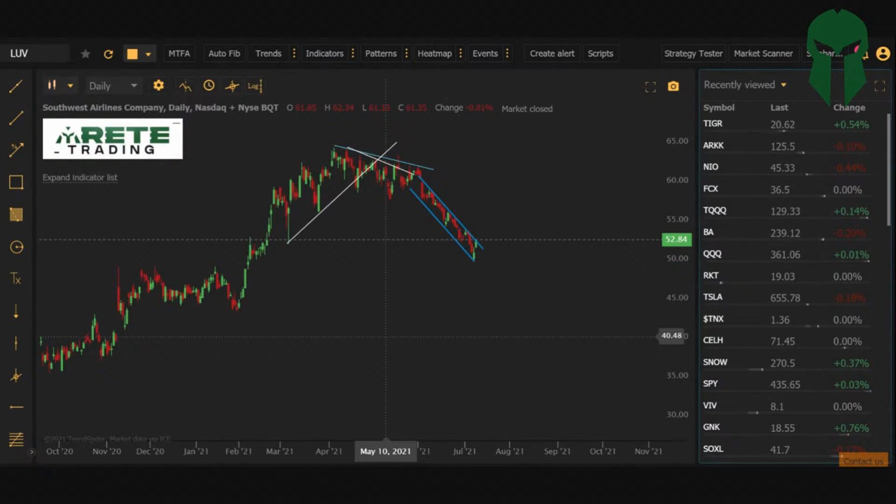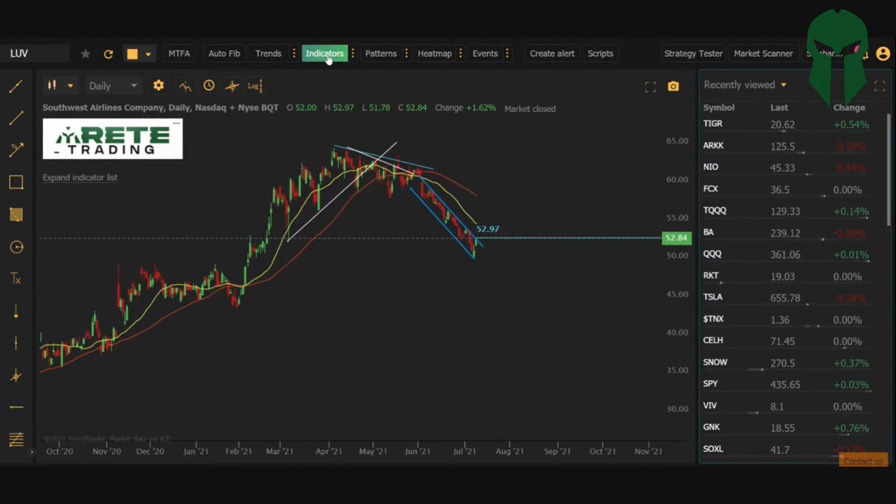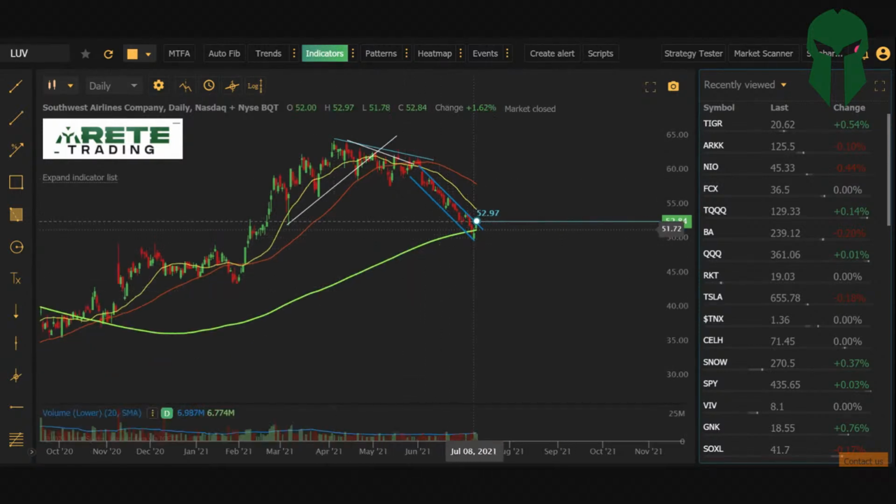So to me, if you broke this level here, you should be able to have an attempt to get back up here. You're going to have some issues along the way. Your 200-day is holding, but you could start trying to get above your 21 and then your 50s all the way up here, so you have plenty of time before you try to get to $60.